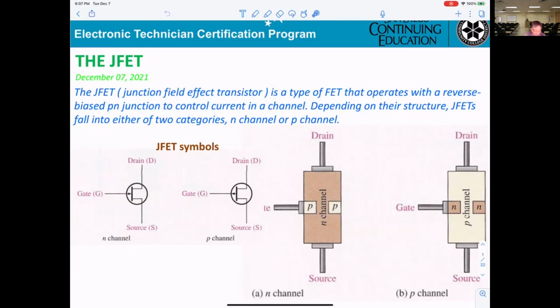In the JFET, they say this is the gate and the drain, and this is the source. And this is the P channel. What do you see as the difference between N channel and P channel? When you're looking at the symbol, are you able to tell me if it is an N channel or P channel? What's the difference? How do we know?